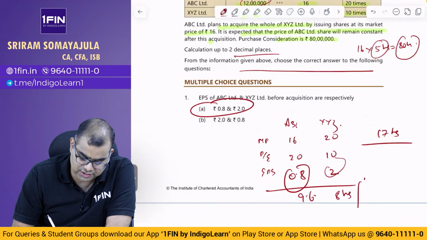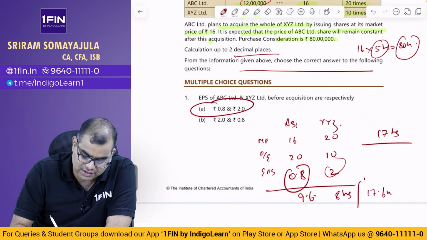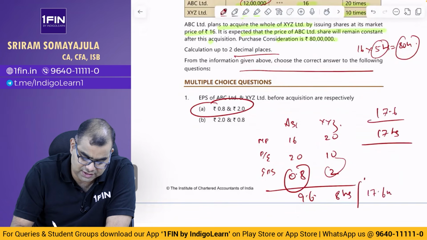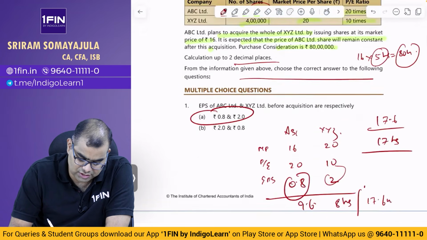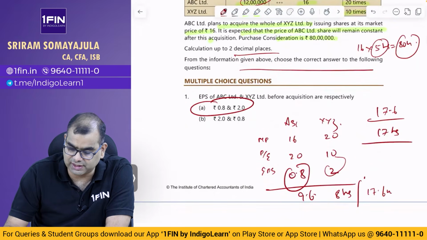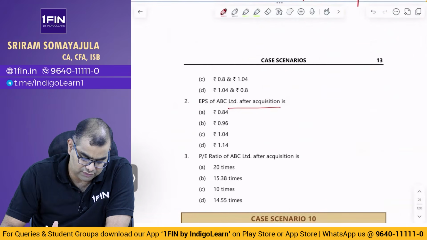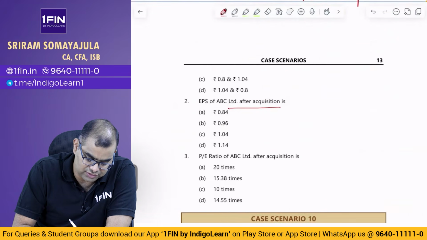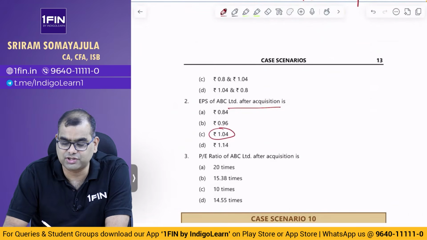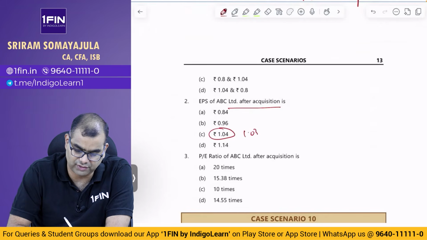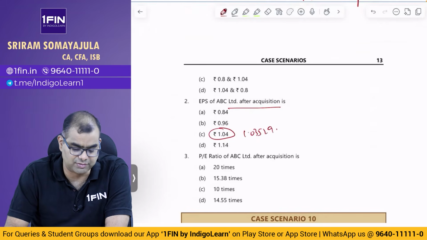Both put together is 17.6 lakhs. So PAT is 17.6 lakhs by 17 lakhs shares. 17.6 divided by 17, you get 1.03529. So answer is C, 1.04, to 2 decimals.